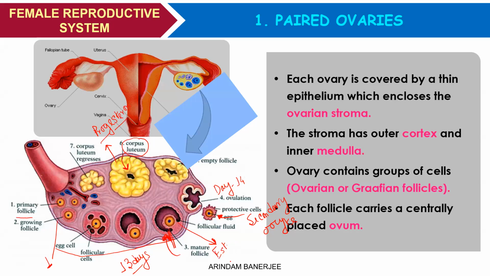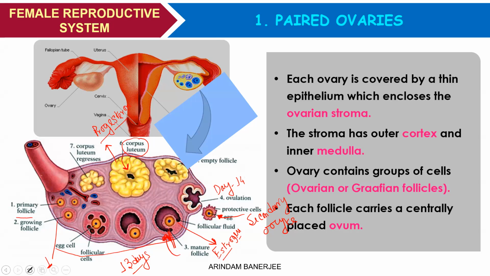There are two spellings of estrogen, one is oestrogen and another is estrogen. Both of them are correct. So that is the development of the follicle inside the ovary. If you do the cross section of the ovary, it will look like this structure.